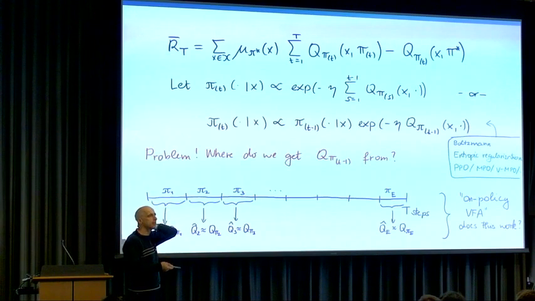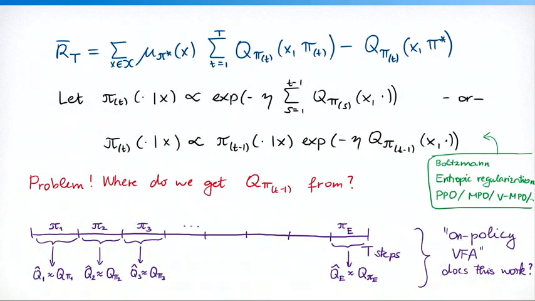So this is exactly what we're going to do. So we're going to run the system in phases, and in each phase, we're going to fix a policy. And we run that policy, collect some data. Based on the data, we're going to estimate some action value function. So we're not going to have access to the true action value function, but some approximation to it.